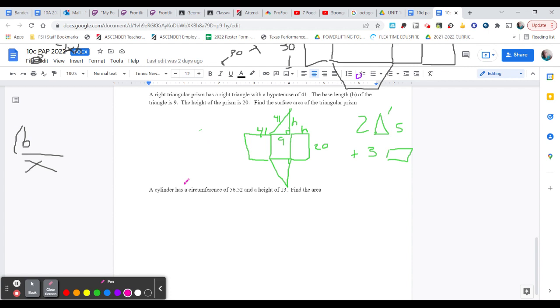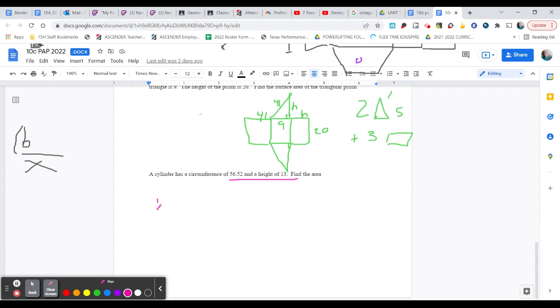All right. The last problem here is a cylinder has a circumference of 56.52 and a height of 13. Find the area, okay? So the cylinder formula is 2 pi r squared plus pi diameter height. So we need r, d, and height.